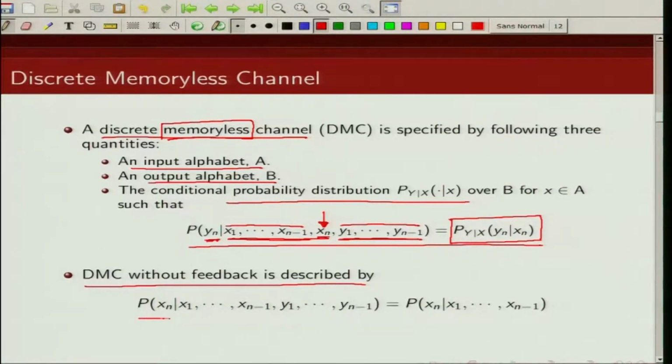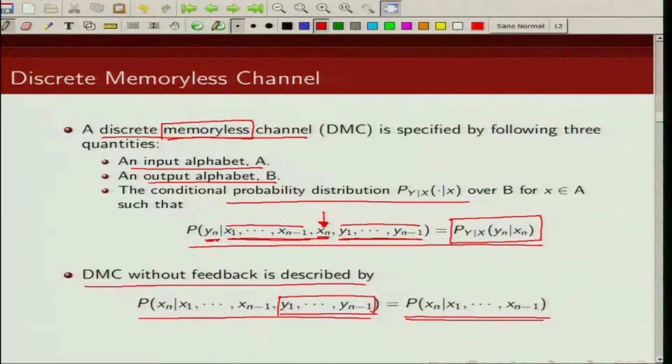The probability of x_n given x_1, x_2, ..., x_{n-1} and y_1 to y_{n-1} only depends on the probability of x_n given x_1 to x_{n-1}. So it does not depend on the past values of the output.